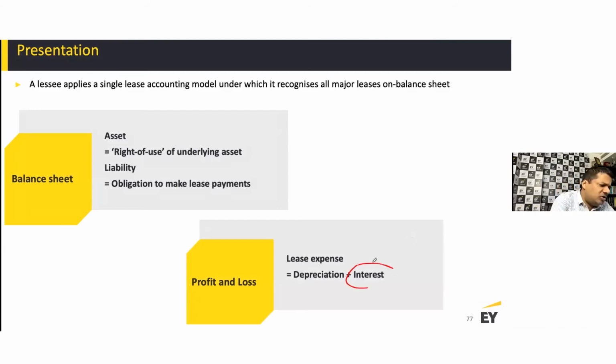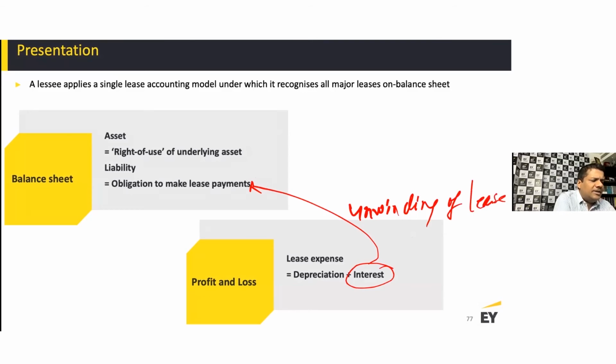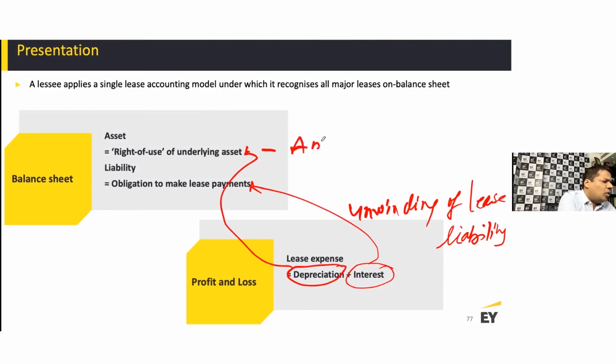Interest cost I need to record in relation to the unwinding of the lease liability, and depreciation is in relation to the amortization over the lease term.